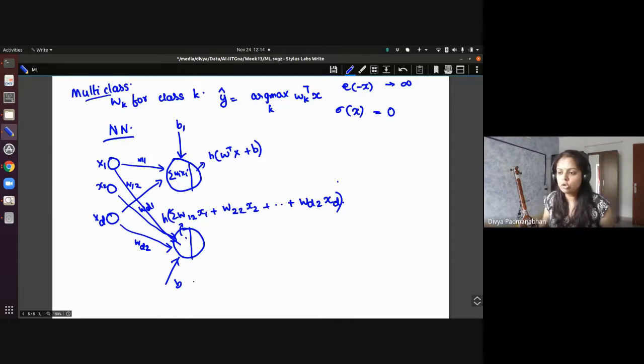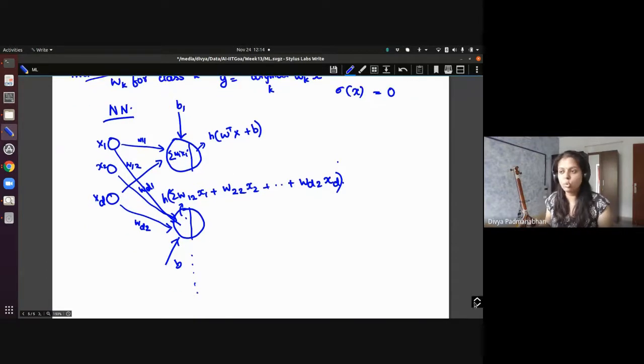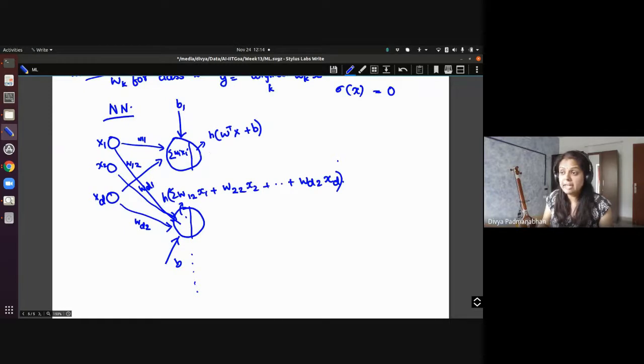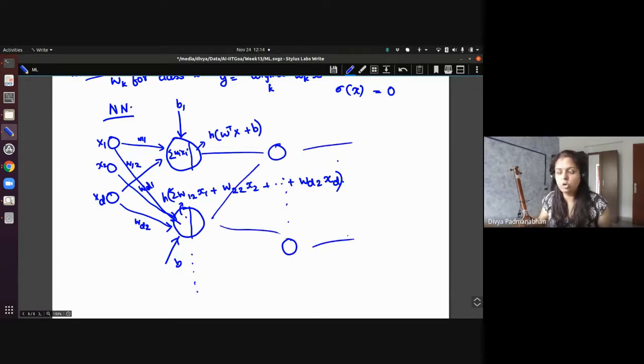Now again, this can go on and on, and finally you can have one more layer. In general, you can apply any function h for these intermediate steps, and you can have one more layer like this, and another set of weights, and so on and so forth. You can keep on doing this, and finally there is some kind of an output that you want to get.